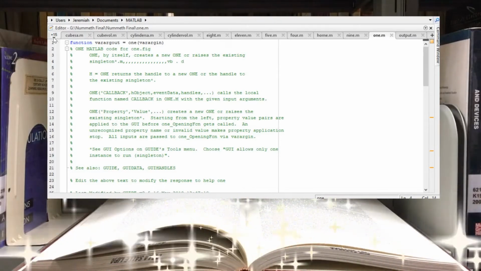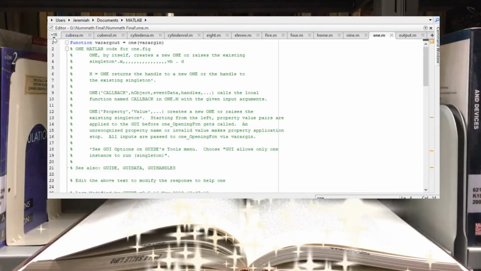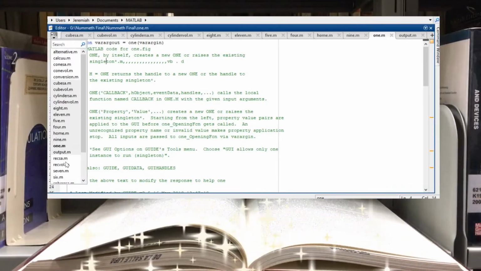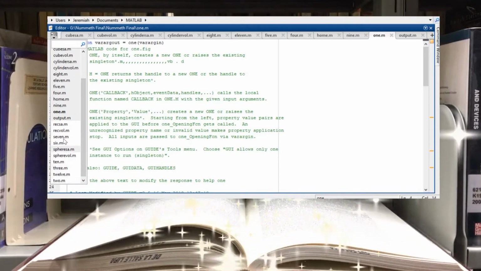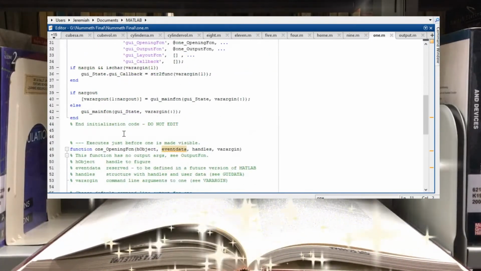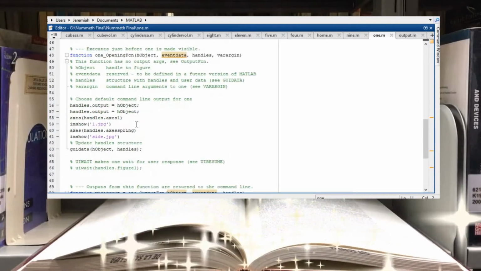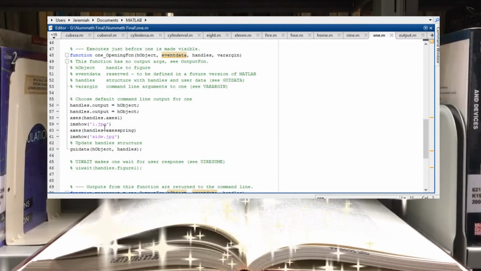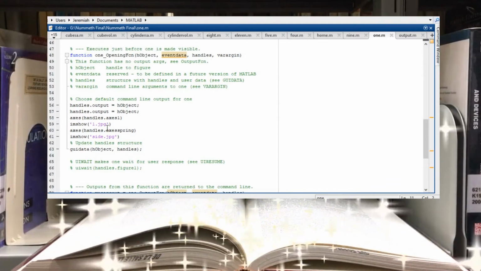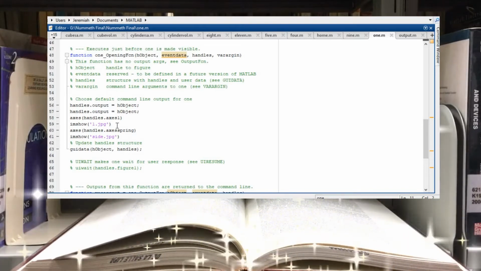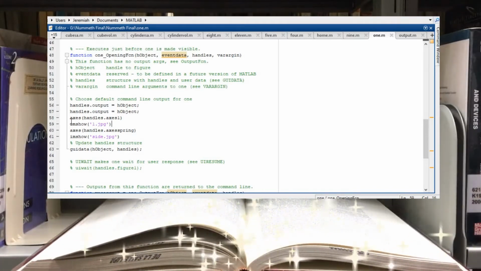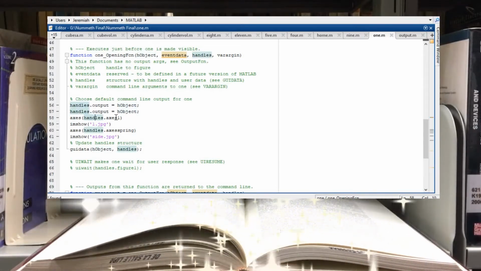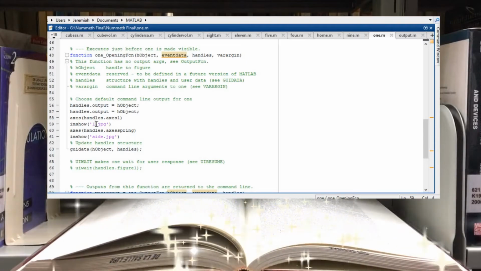From GUI 1 up to 12, we only use a single page code. For example, this one, number 1, is very basic because the GUI is already an image. We first edited it in Photoshop and then put it inside MATLAB, as you are seeing here: handles.output equals hObject, axes handles.axes1, imshow 1.jpg.